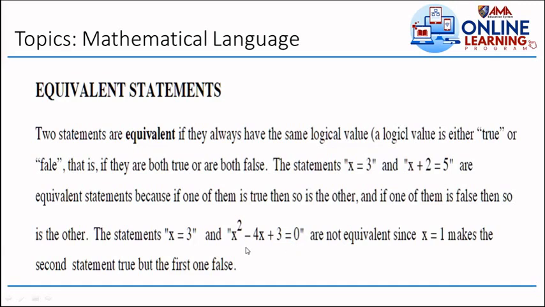So 0 is equal to 0. The second statement is true, but the first statement is false. So this is an example of non-equivalent statements. Always remember, if it is an equivalent statement, both are true or both are false. Do we understand?